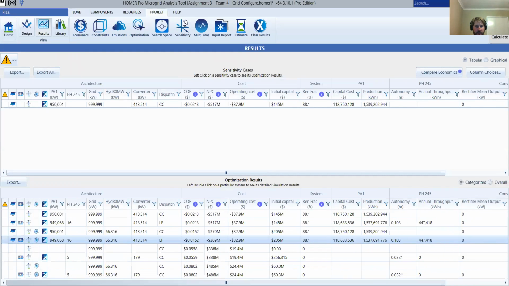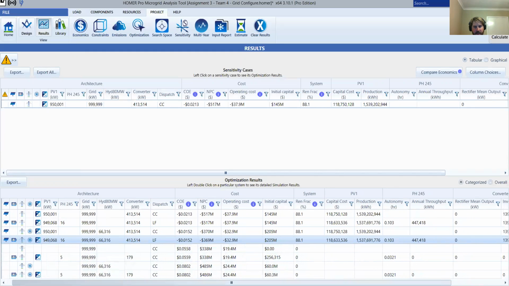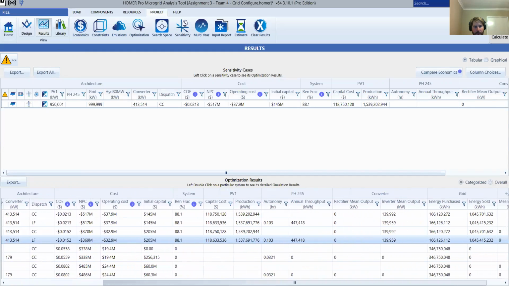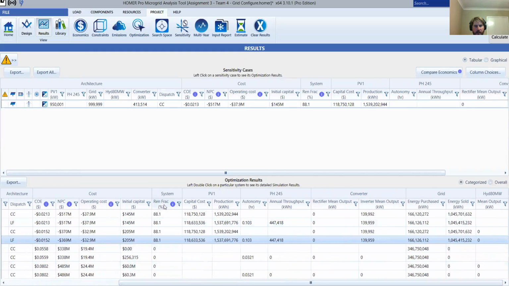Yeah, so I'll just scroll this across, but yeah, you can see it's got the solar panels, the storage, the grid, the hydro pump, and the converter. So I'll just scroll it across and just show you all the figures. So we've got the solar panel. So remember how I put the values quite low?